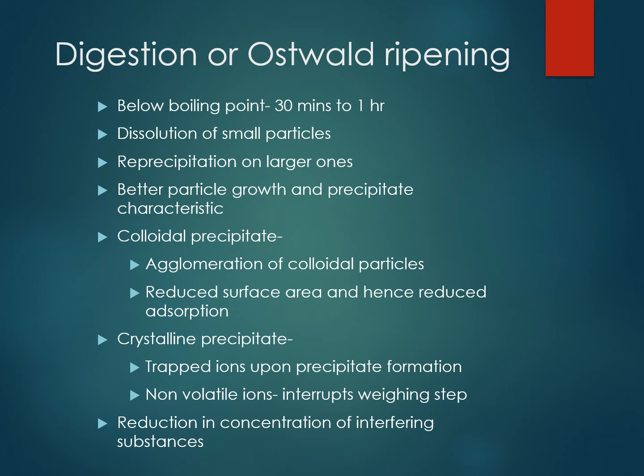If these trapped ions are non-volatile, they stay for longer and end up interfering with the weighing process at the end of the analysis, because the weight of this non-volatile ion gets added to the weight of the precipitate that is achieved. Hence, it is always advisable to reduce the concentration of interfering substances in the sample under analysis.